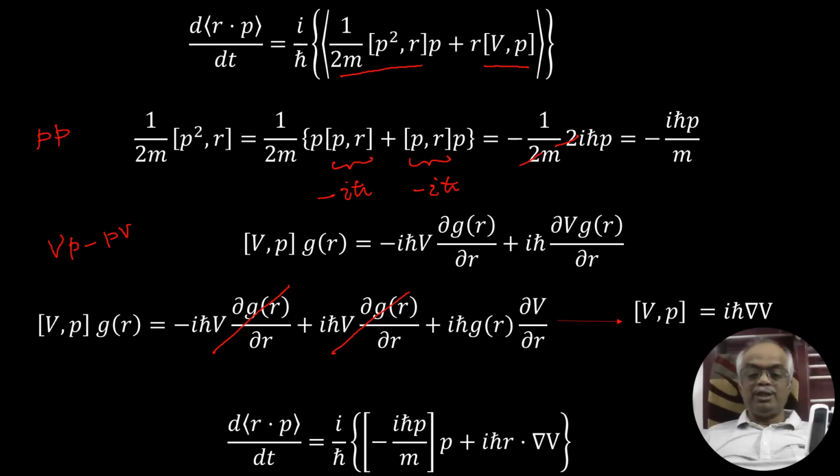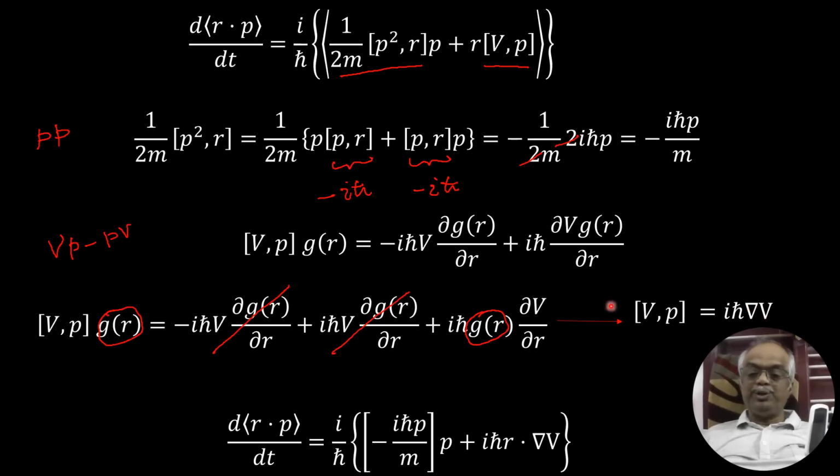You get only the third term, and here you remove g of r from both the right-hand side and the left-hand side. So the commutator of V with P is equal to i h cross delta V over delta r, which in three dimensions is the gradient of V.